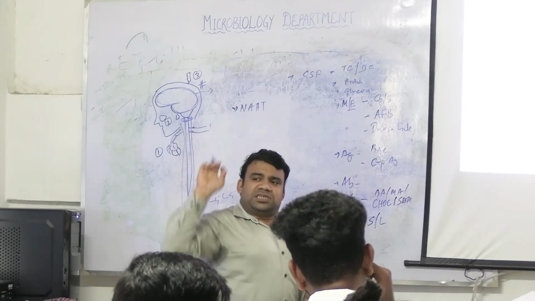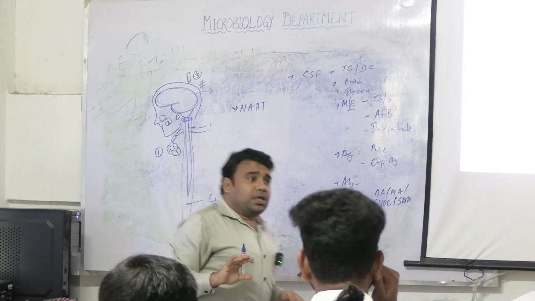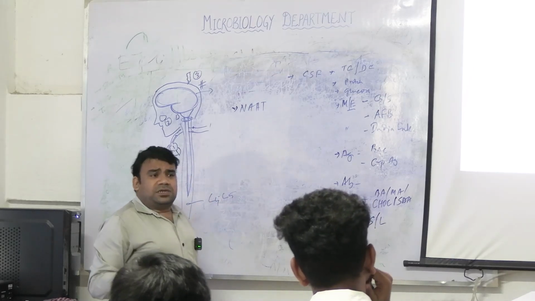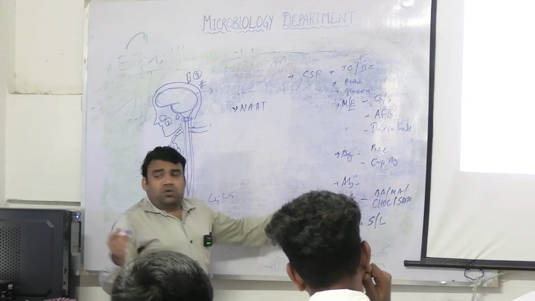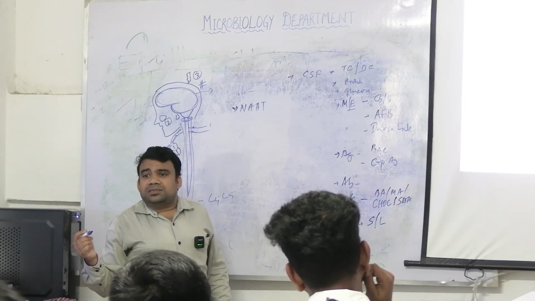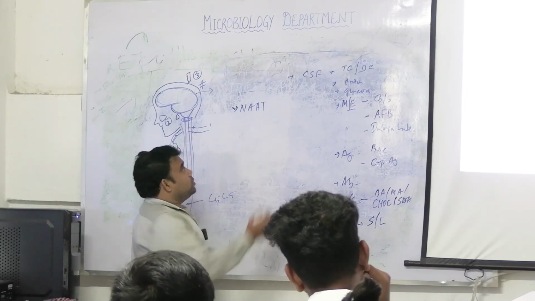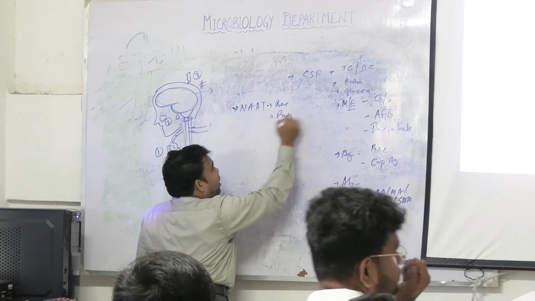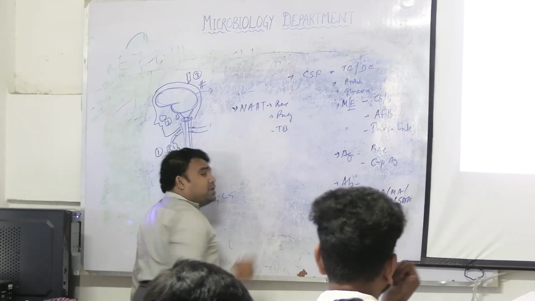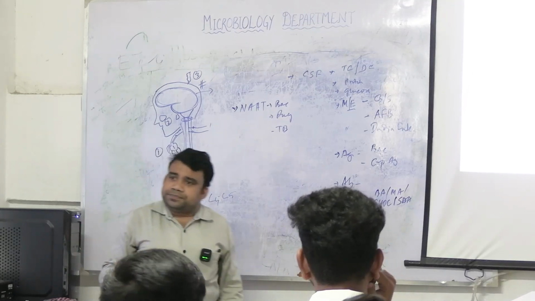PCR is one of the steps of the nucleic acid amplification test. Among the nucleic acid amplification tests, commonly for tuberculosis, it is also called CBNAAT. These are available for many bacterial, fungal, and tuberculosis pathogens, like GeneXpert or TrueNat.